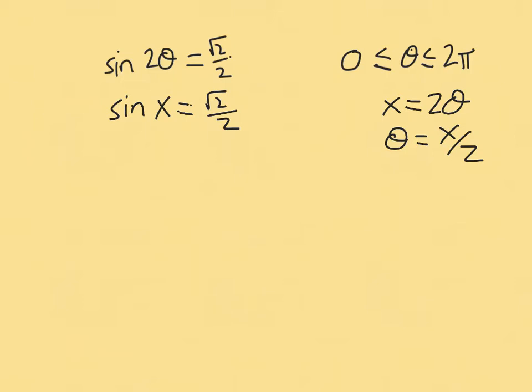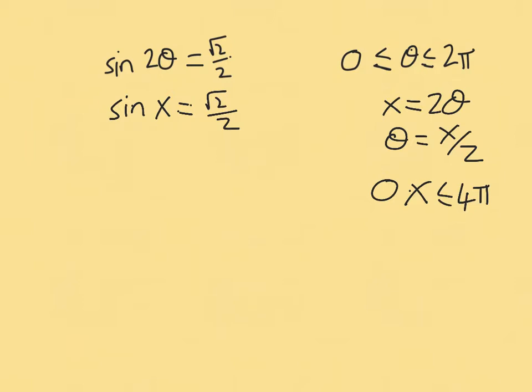Well, what are our values for theta? Theta was between 2 pi and 0, so x is going to be between 4 pi and 0. So let's look at the equation next.